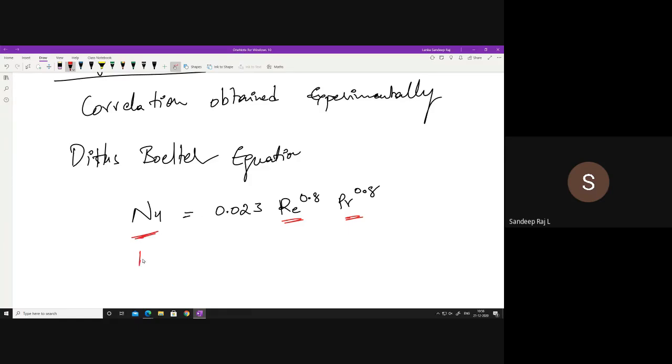In the Nusselt number, you have Hd by K, in the Reynolds number, you have Vd by nu, and in the Prandtl number, you have nu by alpha. So all these properties are correlated using this. Whatever the H effect is, it is actually related to the velocity also, and other things like the Cp are already inside this alpha.